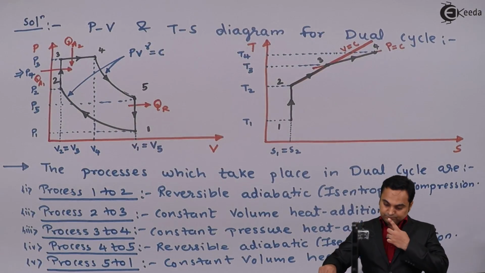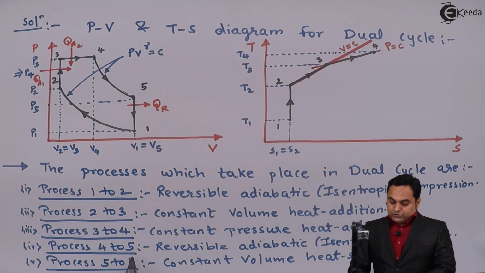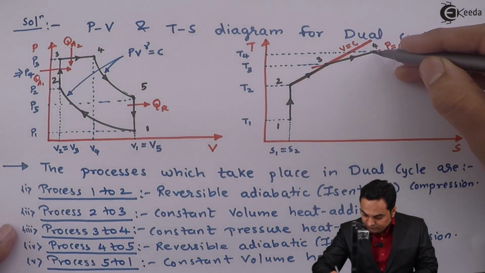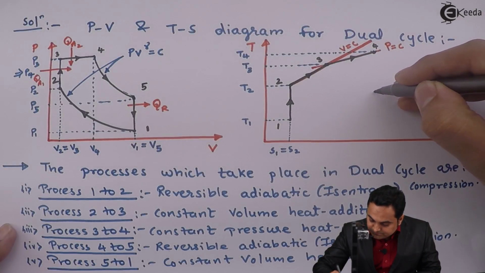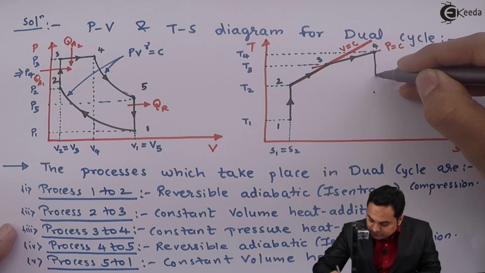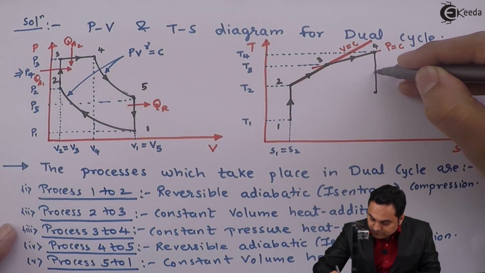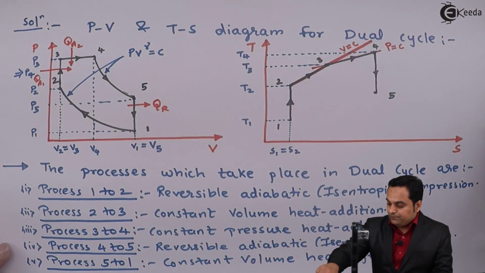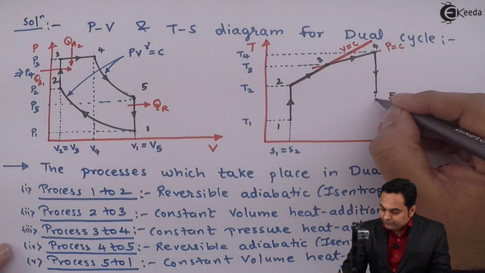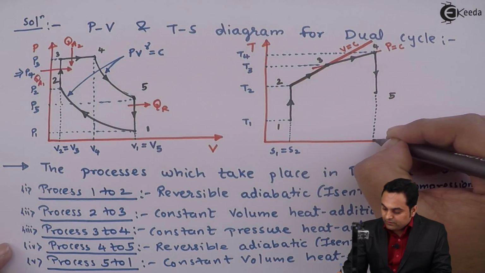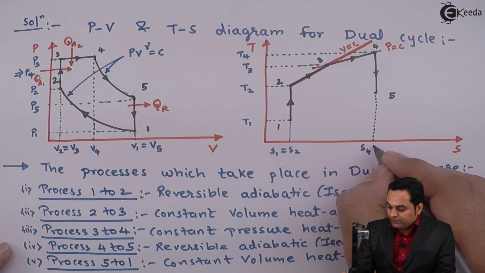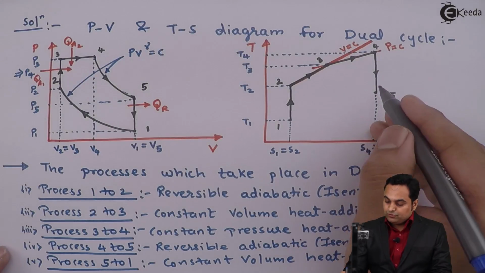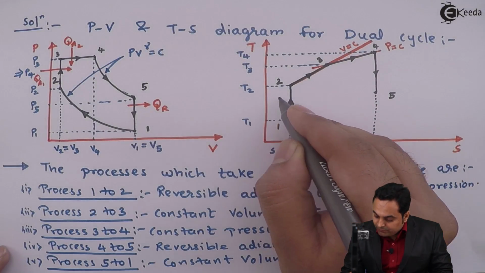Next, after this, process 4 to 5 is reversible adiabatic or isentropic expansion. It can be shown with the help of a vertical line. Now, from 4 to 5, if we see here, S4 is equal to S5, that is entropy remains constant, but there is drop in temperature from point 4 up to point 5.